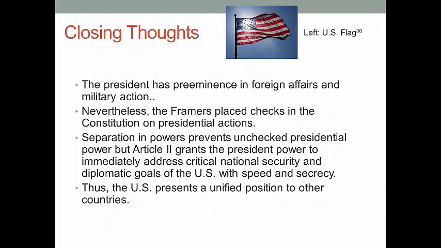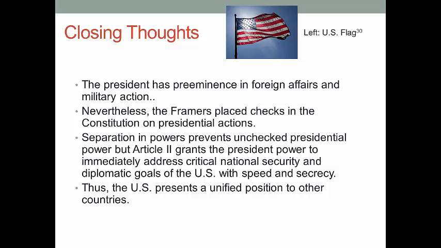The President has preeminence in foreign affairs and military action in the U.S. Constitution because the framers wished to remedy faults in the Articles of Confederation. Nevertheless, the framers placed checks on presidential actions by allowing Congress to make the laws regarding military and foreign policy, approve treaties, approve presidential appointees, declare war, and the power to approve or deny funding for a president's foreign and military policy actions.